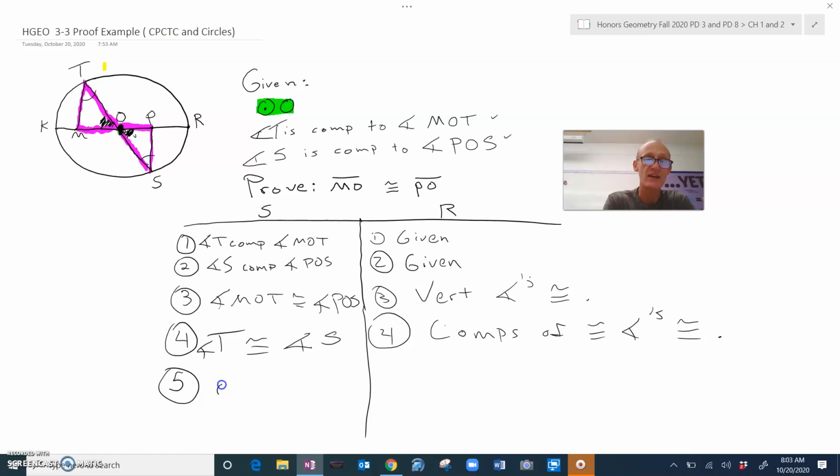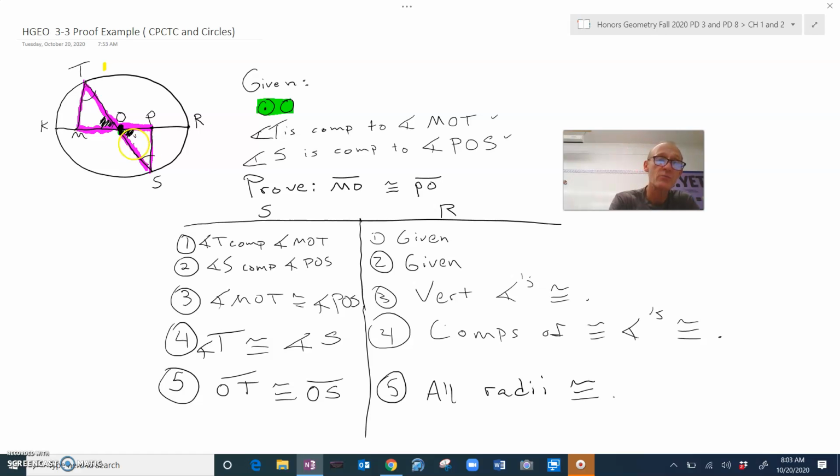So we're going to say that OT is congruent to OS, and that is all radii congruent. Okay, so that's good.